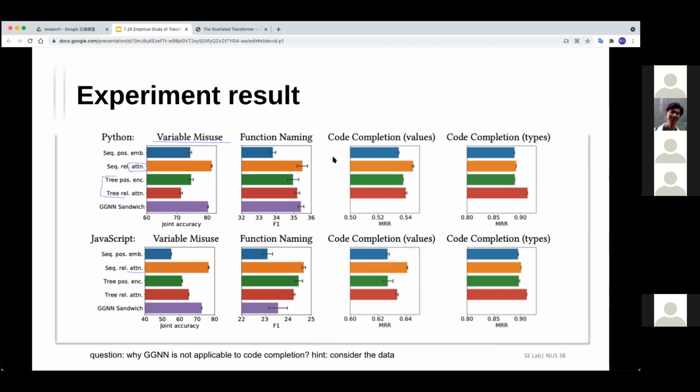So we need a way, but just from the methodological point of view, I don't think one approach has an obvious advantage over the others, especially for variable misuse and function naming. And also, I don't think they model the problem in a very precise way.